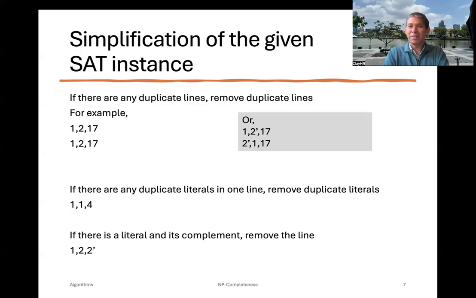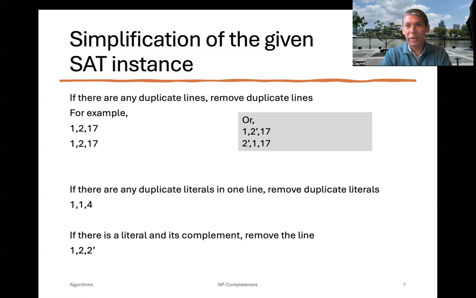First of all, a simple simplification is that if you identify duplicate lines, simply remove them. That can even happen at your text file level. If you're given 1, 2, 17 and then 1, 2, 17 again, just remove one line. However, the line can also be logically a duplicate, like 1, 2 prime, 17, and another line that says 2 prime, 1, 17.